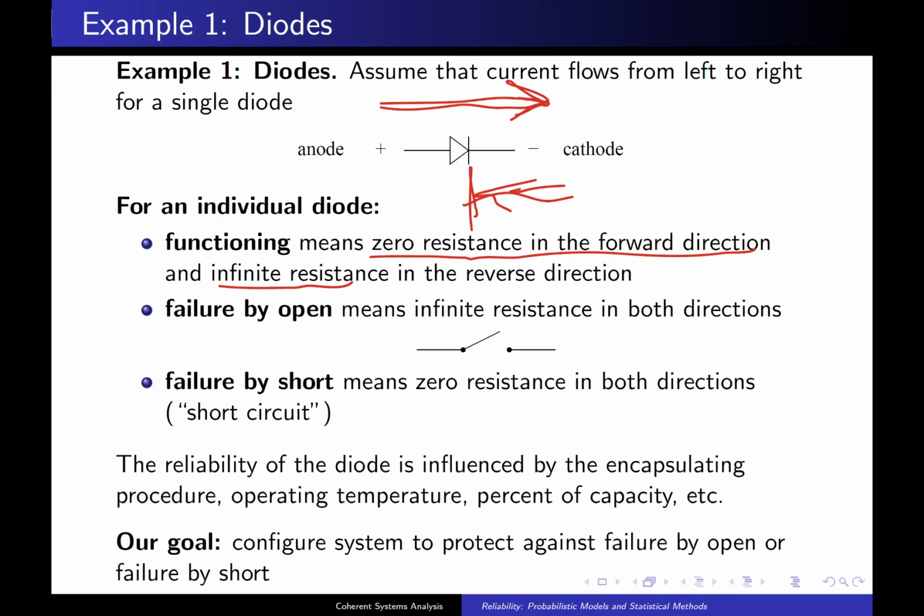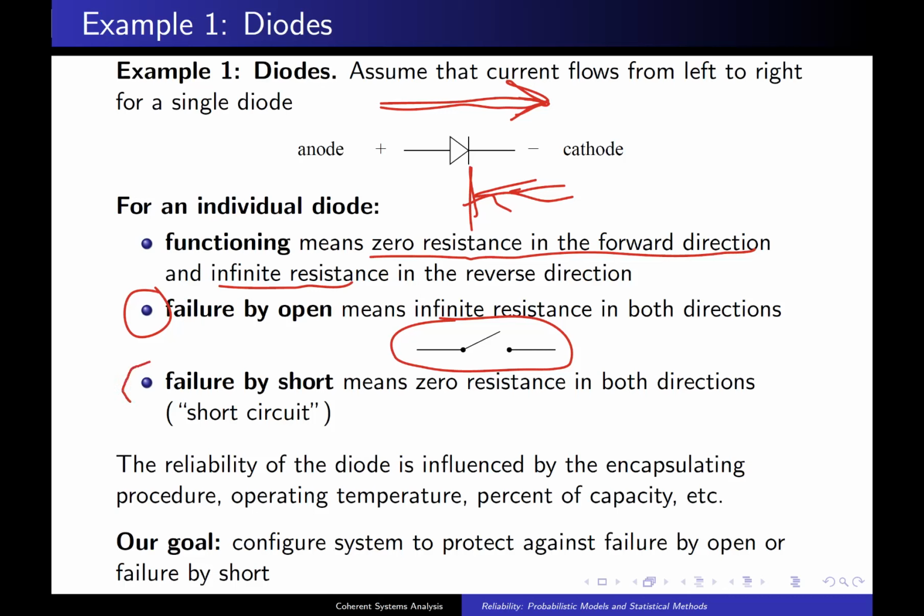But there are two different ways that a diode can fail. The first way is it can fail by open. And this is the symbol that's oftentimes associated with failure by open. What you have is infinite resistance in both directions. Current cannot flow from right to left or from left to right, and that is failure by open.